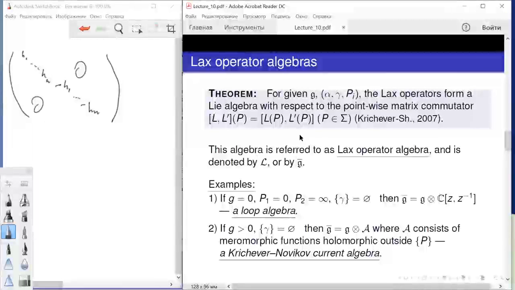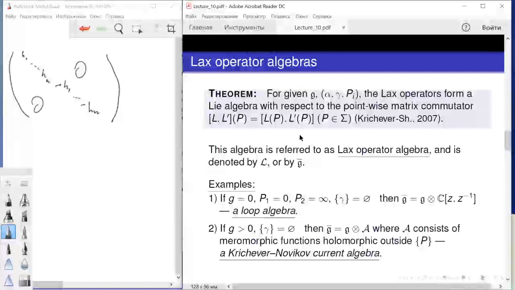And the last non-obligatory remark, I should say: if we consider Lax operators of the form I just postulated, then they form infinite-dimensional Lie algebras of matrix valued functions or G-valued functions on the Riemann surface.